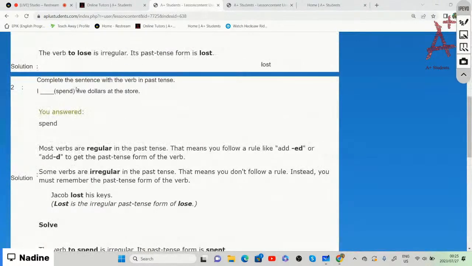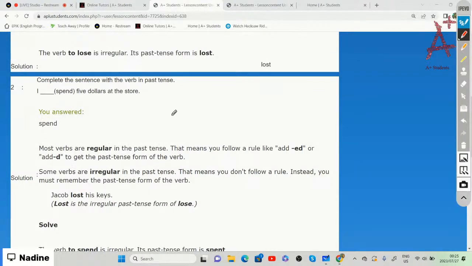I spend $5 at the store. I spent $5 at the store. We need to change that word spend to the past tense form.